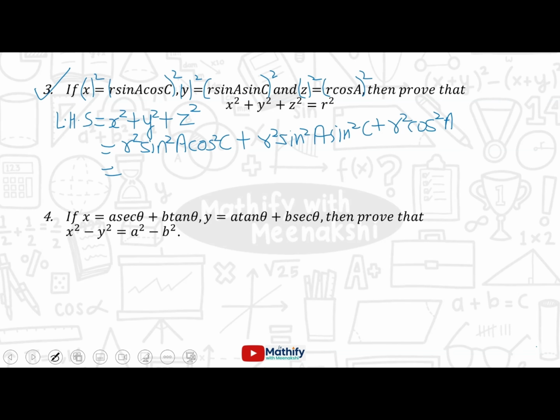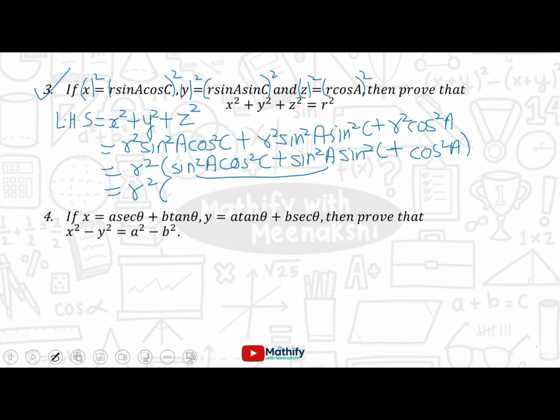Now, you will take R square common. What you are left with? Sine square A cos square C plus sine square A sine square C plus cos square A. Now, can we take something common for the first two terms? Just see carefully. Yes, you can take sine square A common. So you're left with cos square C plus sine square C in the bracket, and cos square A outside the bracket.